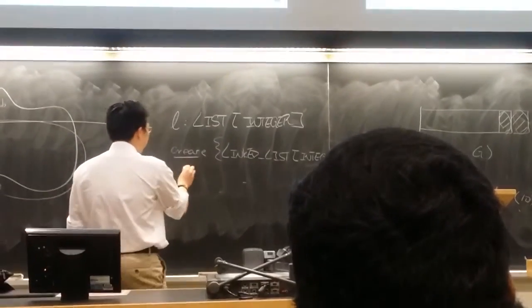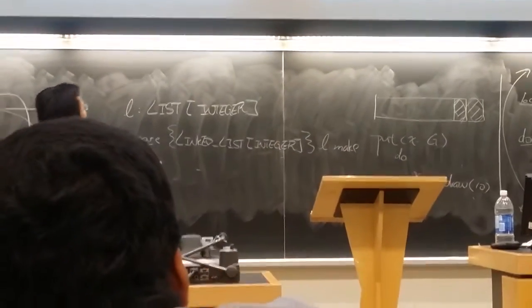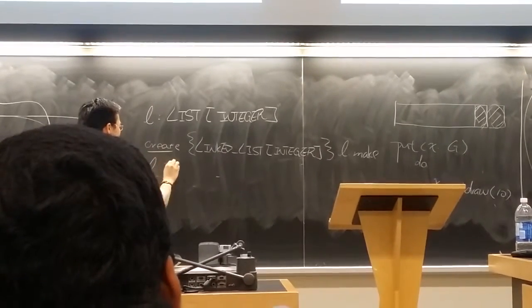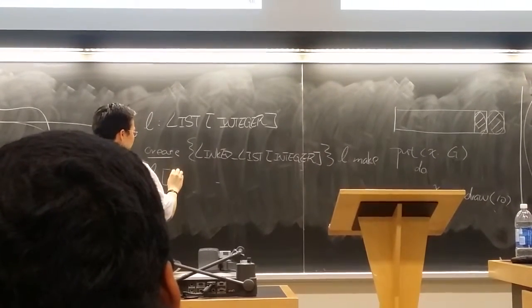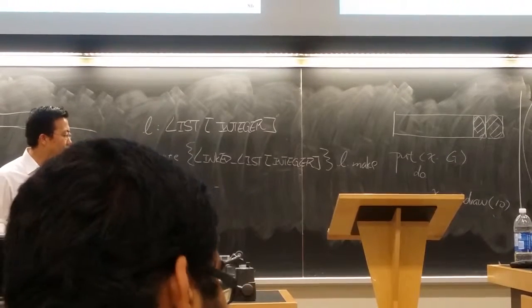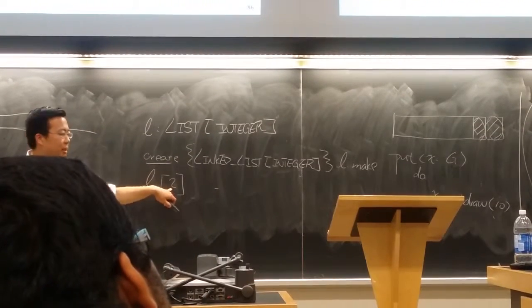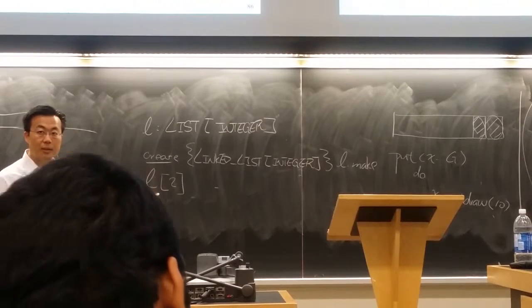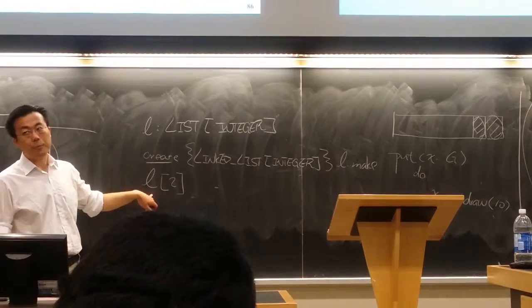Okay, so now, if you say things like L, let's say 2, what do I really mean here? I'm referring to the second element in the list, right? The index of a list in IFO starts with 1.